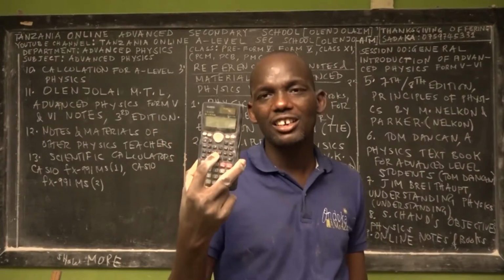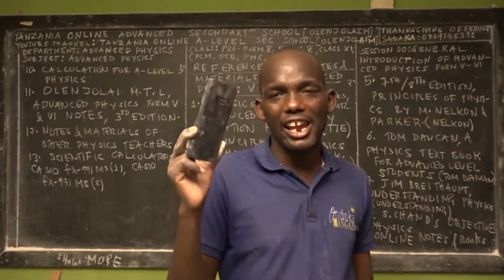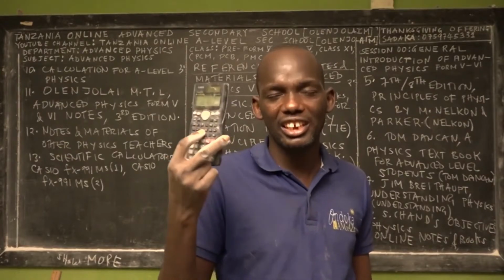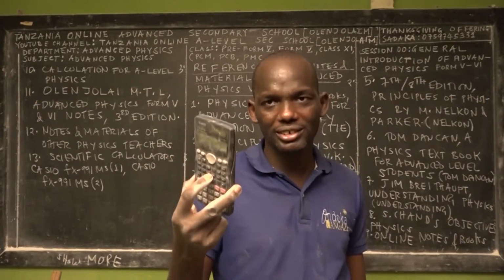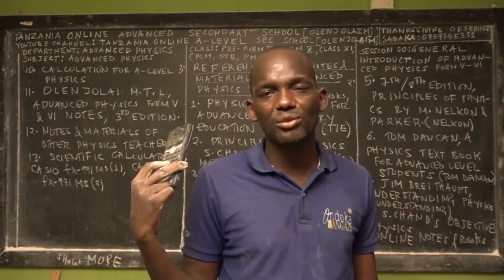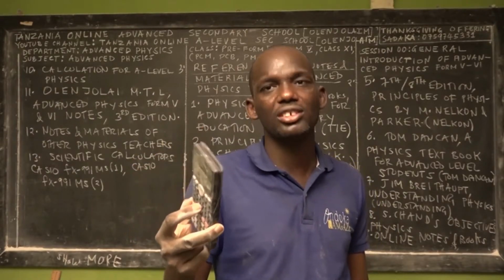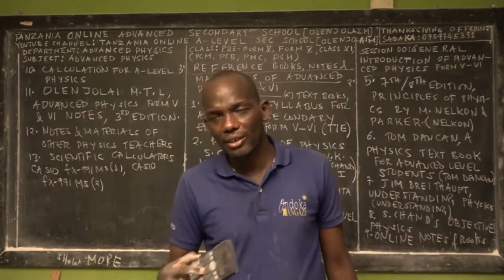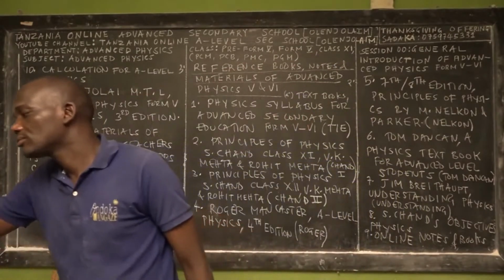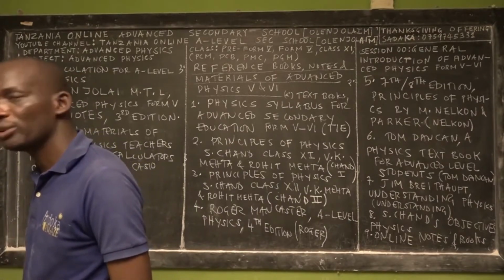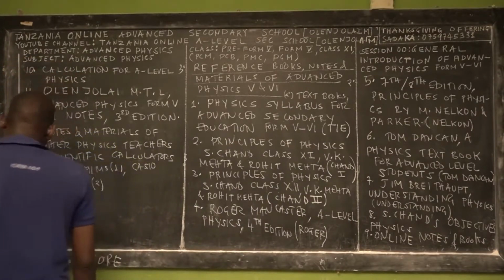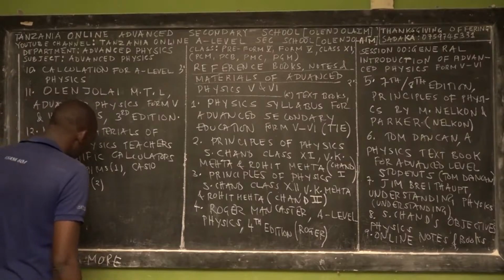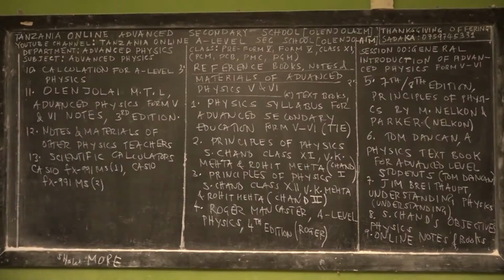We are ordering original scientific calculators and distributing them at a good affordable price. Go to the description of this video and you will see the price, or later on I will mention it when I review our selling list. That's very important. We are going to use the scientific calculator more than you think. If you have one, that is good.